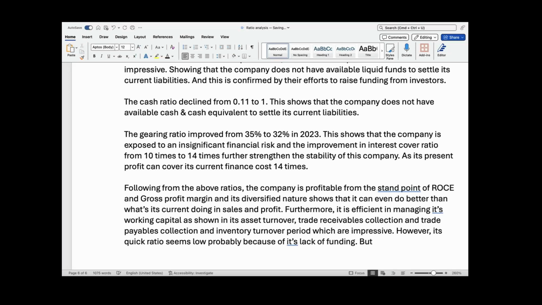But with an impressive interest cover ratio of 14 times, it shows that it's less risky to provide funding to this company.